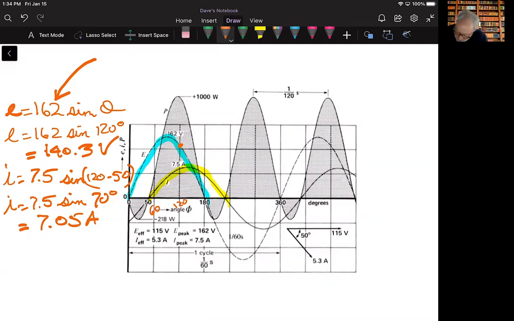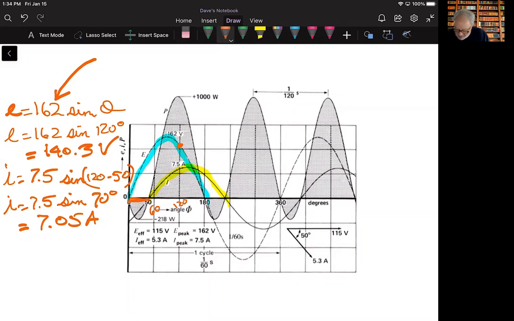And I'm showing you that point on that sinusoidal curve, which is right here. That's the 140. And then I do the same for the current, but what we have to watch for here is the peak value of the current is 7.5 amps times the sine of 120 minus 50 because of this phase angle right here. So the current is lagging by 50 degrees, so we would write that equation as such. 120 minus 50 is 70.